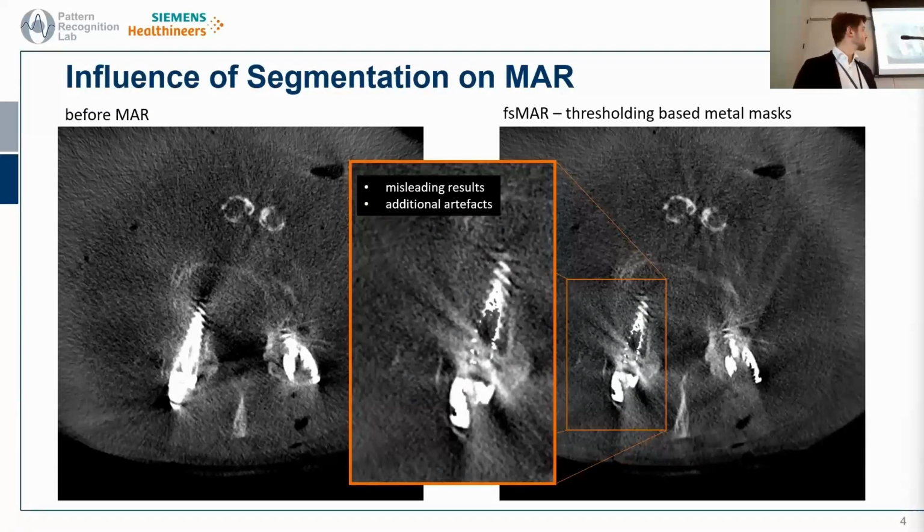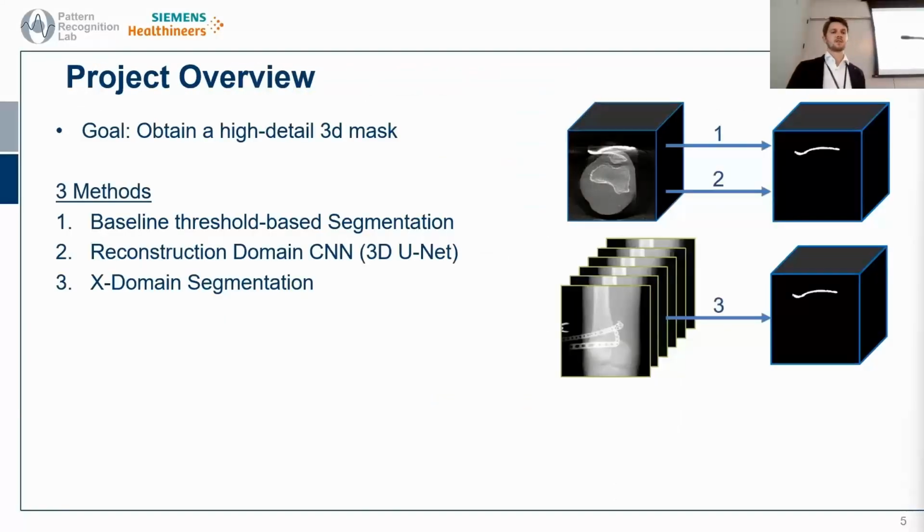And you see clearly the metal artifacts that we discussed, whereas on the right-hand side, frequency split MAR is applied using a thresholding-based mask. And clearly we can see that these results are misleading because the center of the screw is not there anymore. And also there are additional streaks originating from that view that were not present in the original image. So all this is to say that we really need a better metal segmentation, and that's exactly the goal of this project.